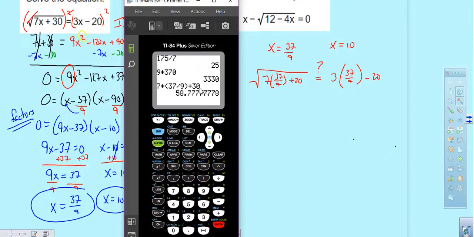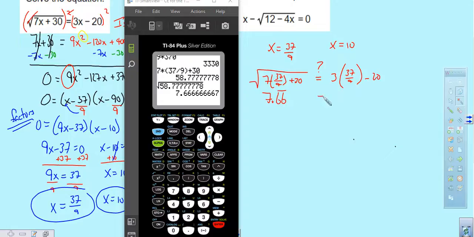I know that right now I'm going to get this nasty decimal inside there. I take the square root, second square root, and I can arrow up to grab that, press enter, and so I know that when this gets simplified, it's going to be approximately 7.66 repeating.